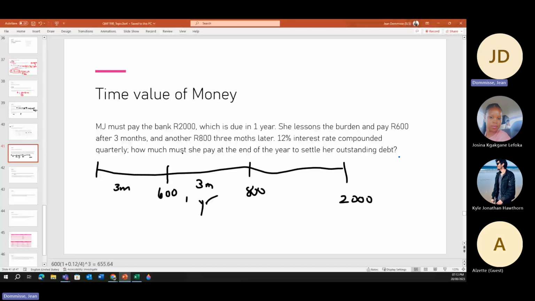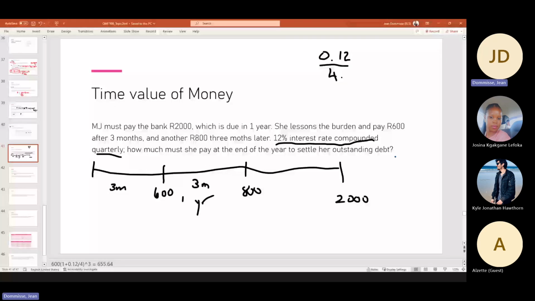How much must she pay at the end of a year to settle her outstanding debt? Okay, so basically the interest rate is compounded quarterly. What is important is that we will divide by 4.